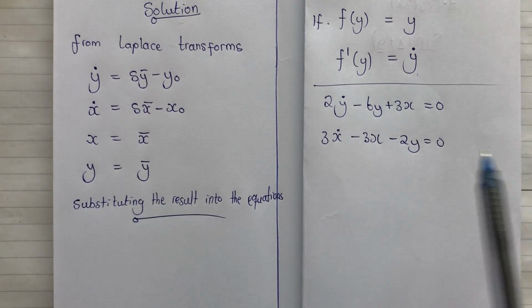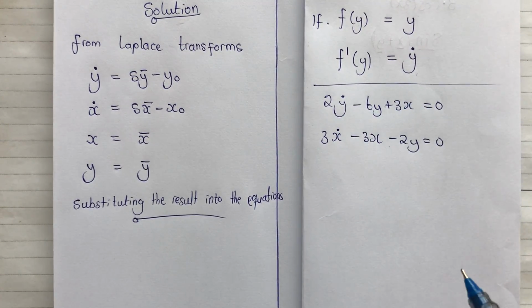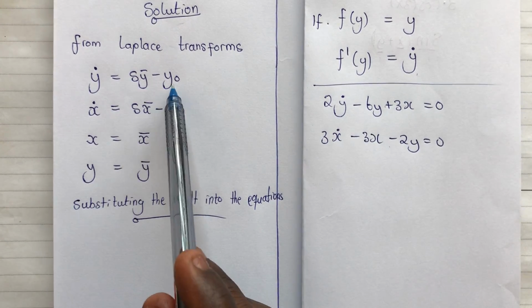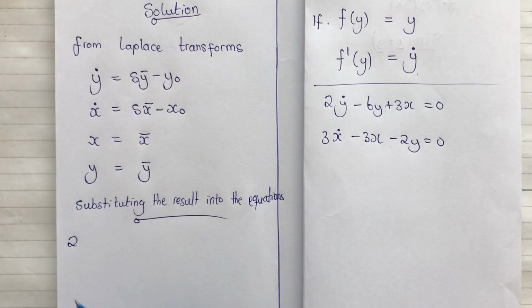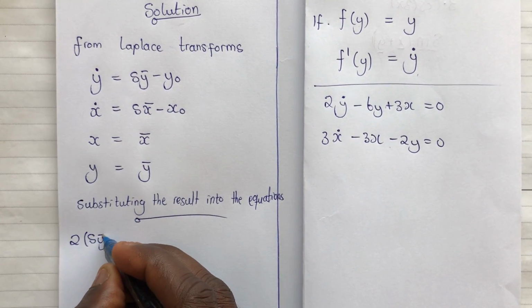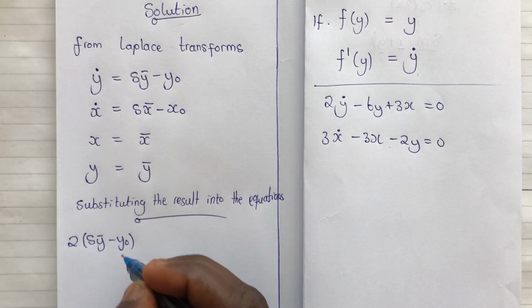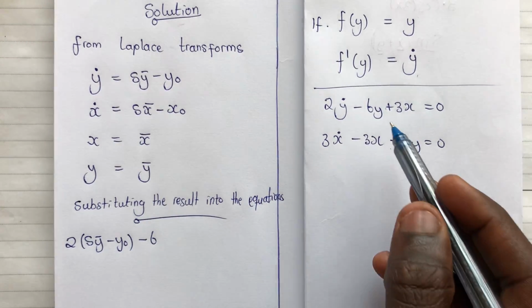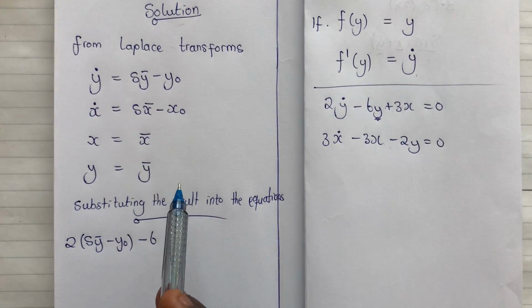Now, let's substitute this result into the equations above, okay? I don't want to be shifting the paper, so I wrote the equation here. Now, wherever we see this, we put in this one. So, we have here 2 into bracket s times y bar minus y naught, minus 6. Wherever you see this one, substitute what? Y bar.